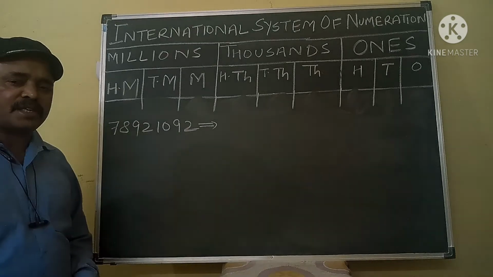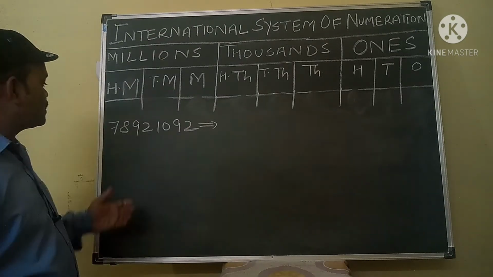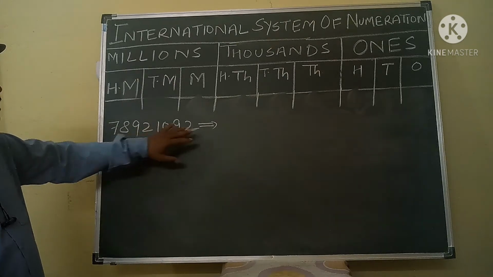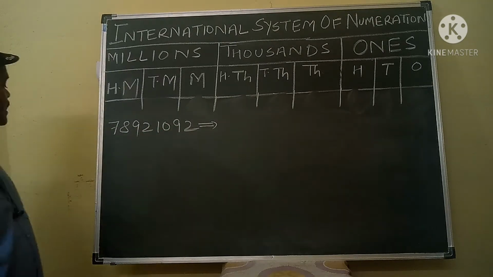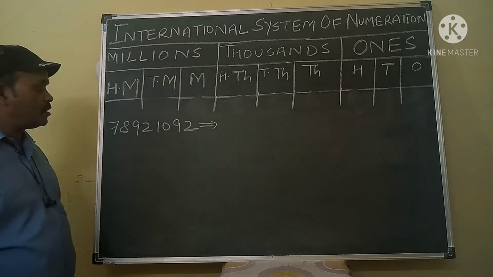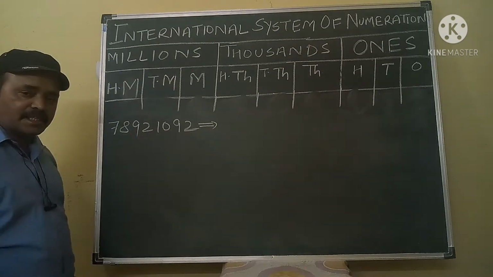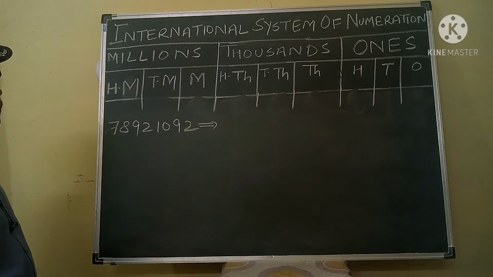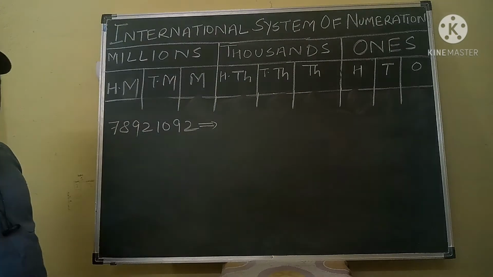Again, my dear students, you have one more number: 7892192. How can you read and write this number? Okay, so what will you do? Now look here. What is your first step?